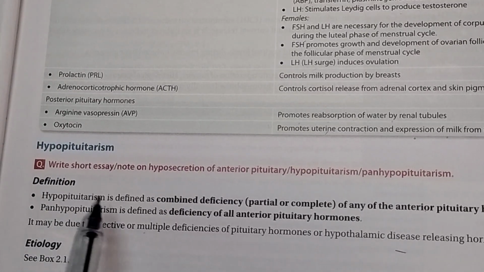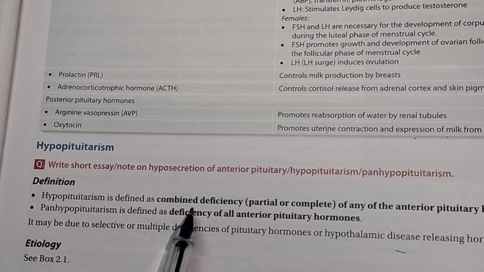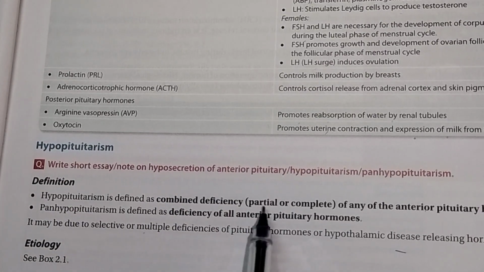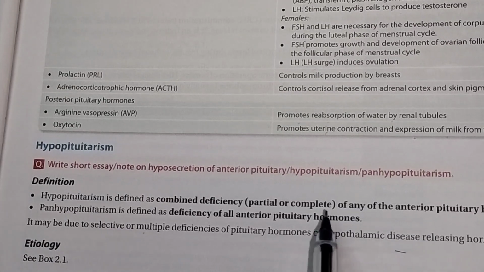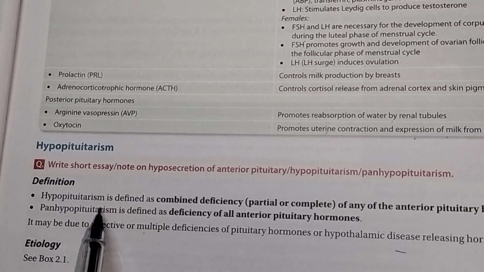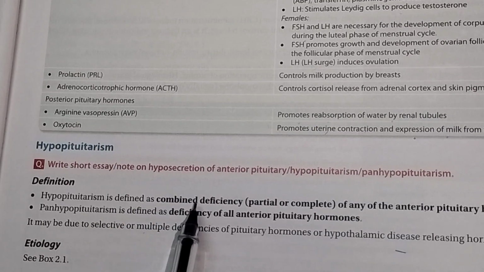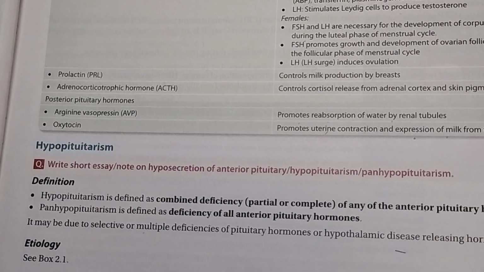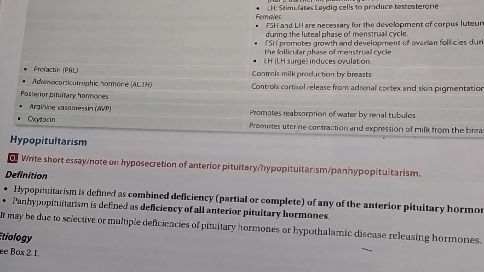Now hypopituitarism is defined as combined deficiency, that is partial or complete, of any of the anterior pituitary hormones. Partial is a little, and complete means the whole. It is not related to the posterior pituitary, only to the anterior pituitary hormones.